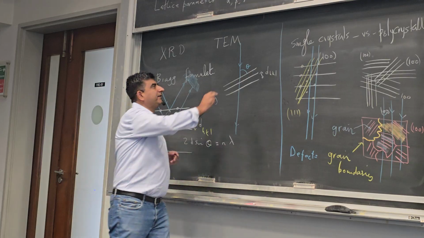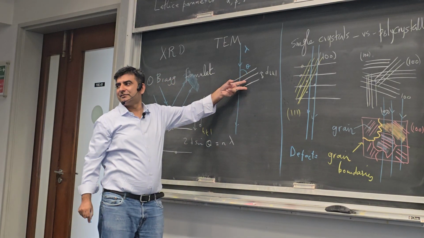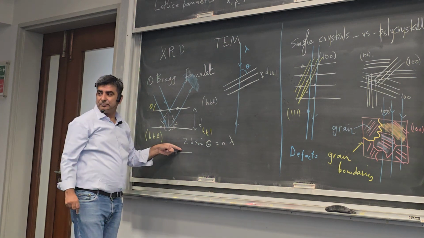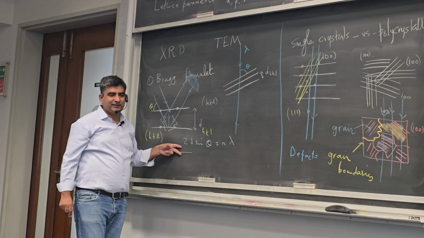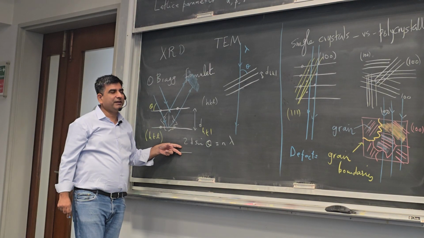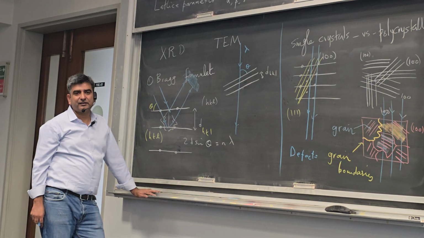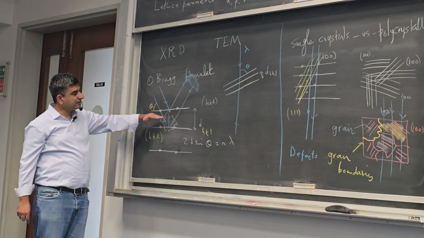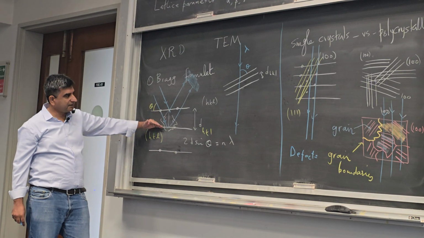if the wavelength lambda, theta and this particular d happen to conform to this, then there will be some scattering. Now here we have viewed the scattering as a reflection process, right? So this is just a model.